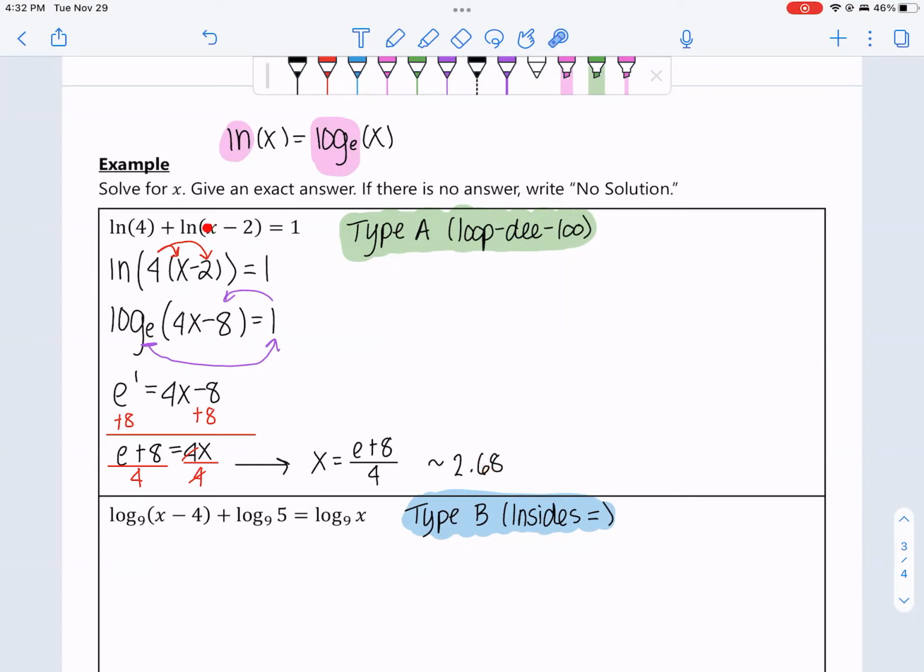If you plug it in, 2.68 minus 2 is a positive number. So we're good. That answer works.